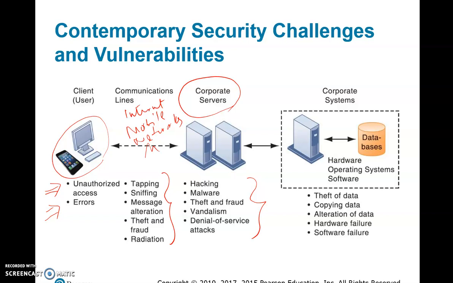Denial of service is basically when, let's say, you go to Blackboard and use your user ID and password, and then you should be able to look at Blackboard, right? But if access is denied even after putting in the right user ID and password, that is a denial of service attack. So all these things can happen on the corporate servers.